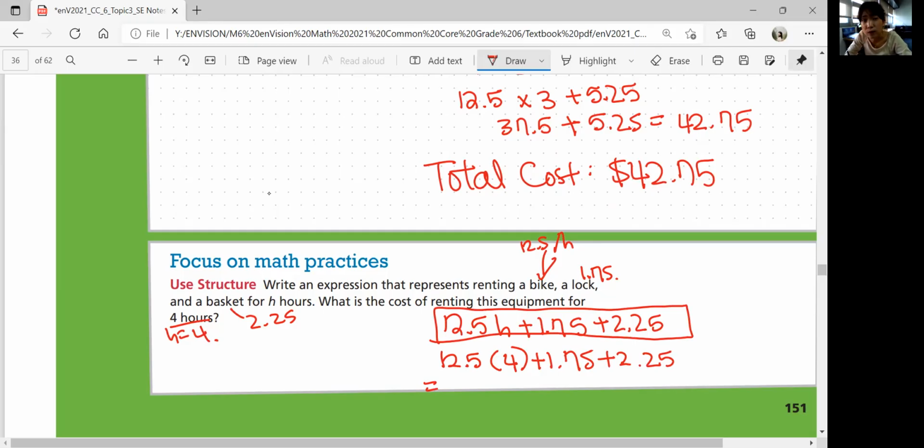That's 50, and 1.75 plus 2.25 is equivalent to 3 and 1, so that's 4. So 50 plus 4 is $54. So it would cost $54 to rent a bike for 4 hours, a lock and a basket.